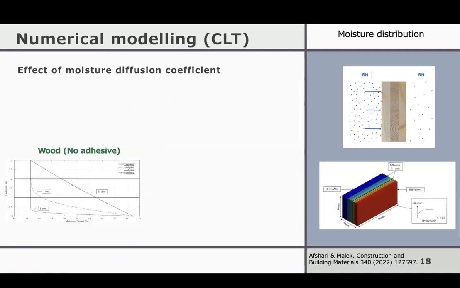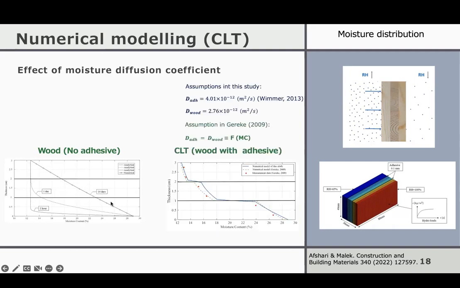If you look at the case of solid wood, when there are no adhesives, after a few hours we see a gradient is created. On the exposed side to higher moisture, we have a very high moisture content. Inside, which is dry, we have low. As time goes by, we get to a steady state.